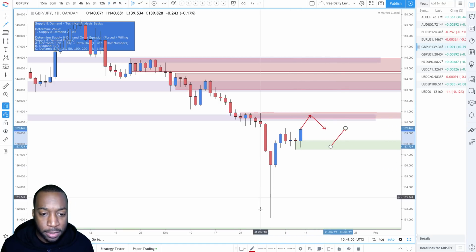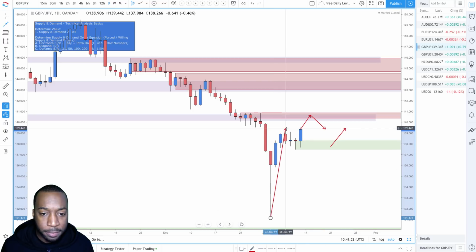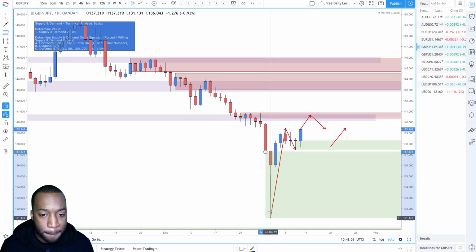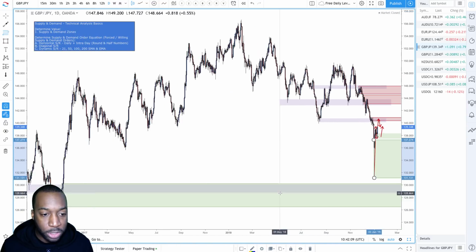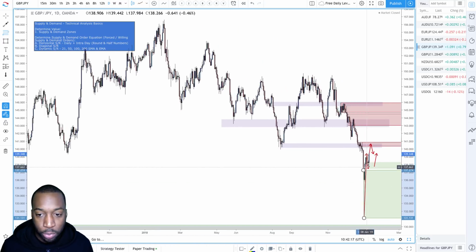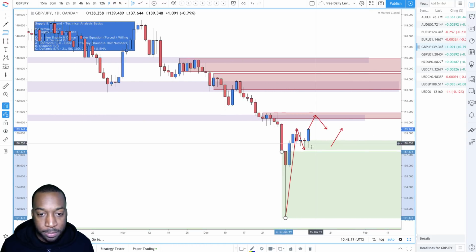And if this does create a higher high, higher low, and a higher high, at the moment it looks like it is, then you've got again this wide area of demand right here. And then what we would do is probably zoom out and look to see within this wide area of demand where there was some support and resistance, or diagonal support and resistance within this area.